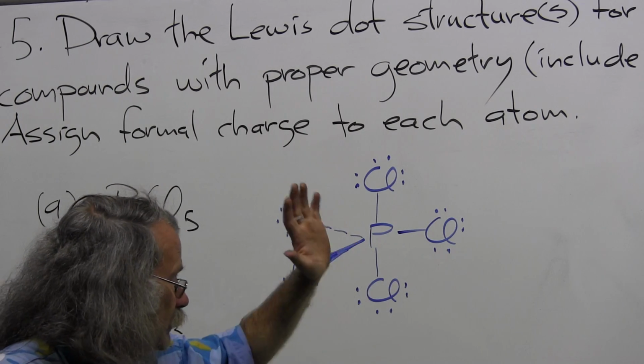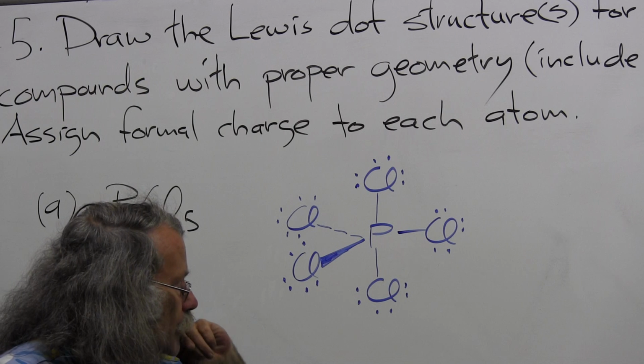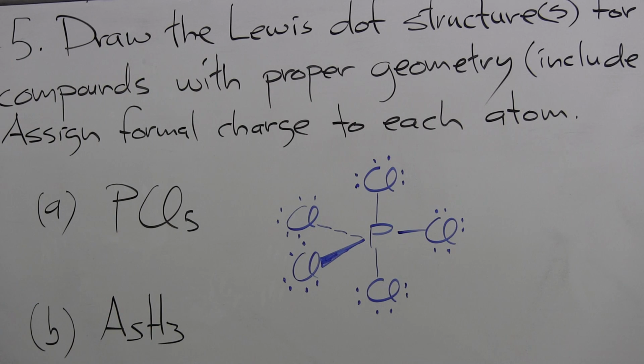And after having divided those in that fashion, the formal charge is going to be equal to the group number of the element minus the number of electrons, since the electrons are negatively charged.